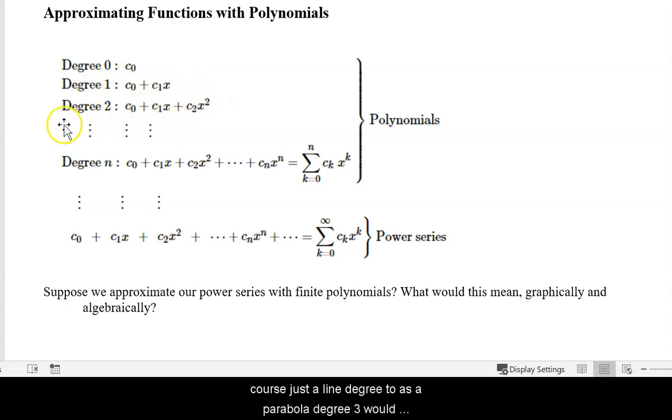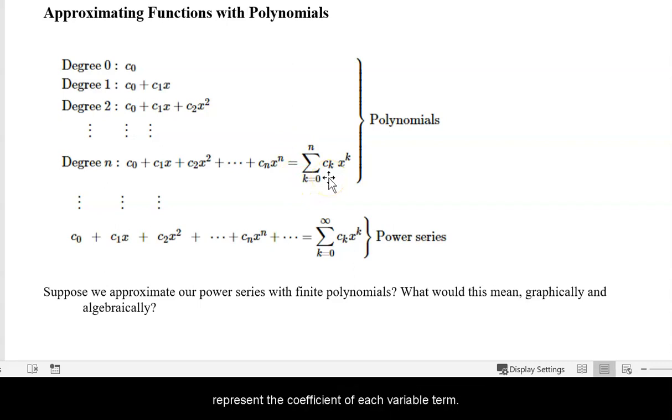Degree 2 is a parabola, degree 3 would be a cubic, and so on. In general, when you get up to the nth degree polynomial, you can write it as a finite sum where you let c sub k represent the coefficients of each term, and you let x to the kth power be the variable.